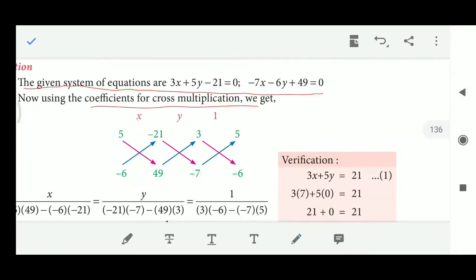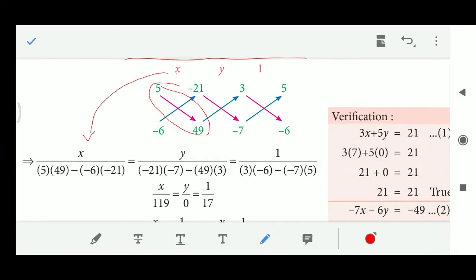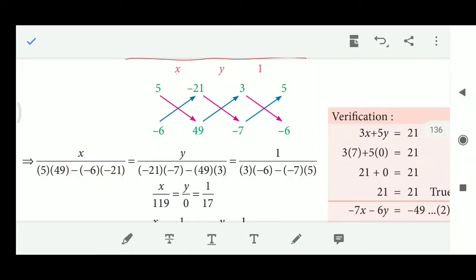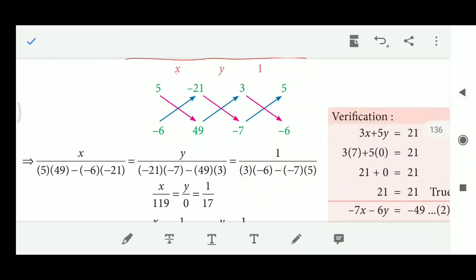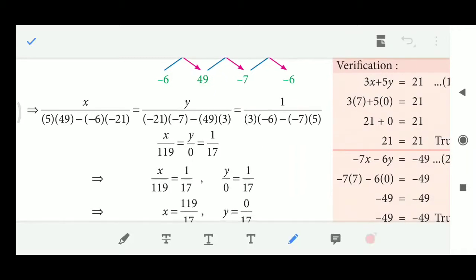Now we have to cross multiply these coefficients. x by 5 into 49 minus of minus 6 into minus 21, equal to y by minus 21 into minus 7 minus of 49 into 3, equal to 1 by 3 into minus 6 minus of minus 7 into plus 5. Then on simplifying this you will get x by 119 equal to y by 0 equal to 1 by 17.